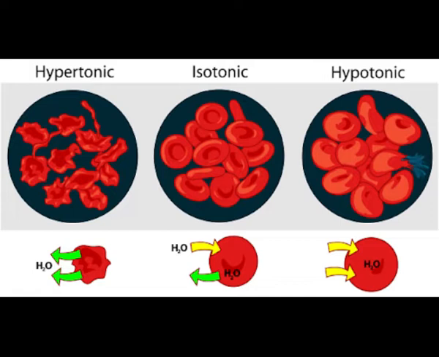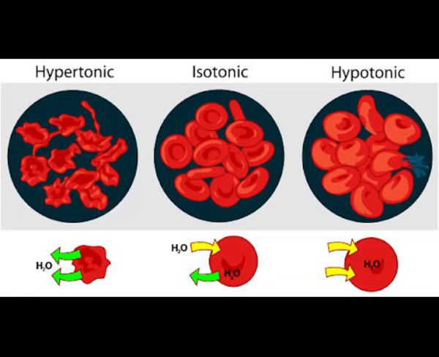The same thing if it is hypertonic: in this condition the solution outside the cell has a higher solute concentration than the fluids inside the cell, and consequently the water molecules from the interior of the cell will move out. Out means exosmosis. So if the solution is hypertonic, there will be exosmosis. If the solution is hypotonic, the condition will be endosmosis.